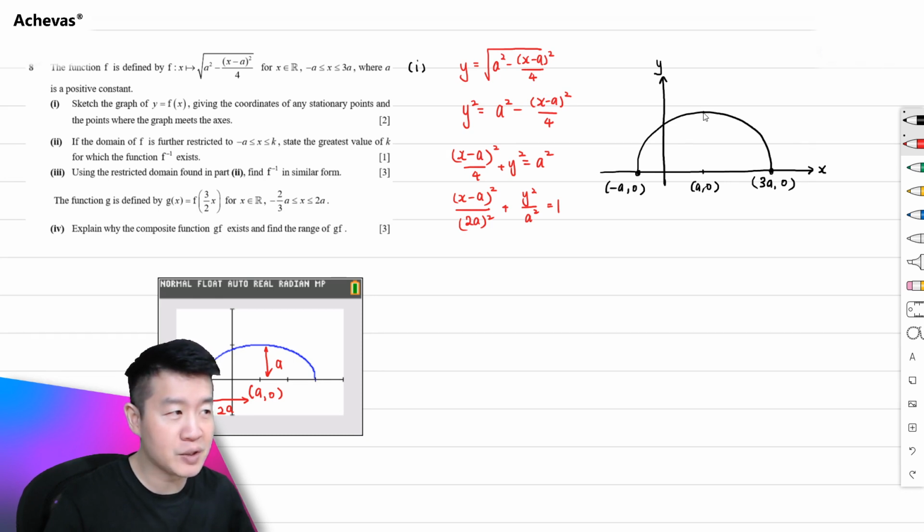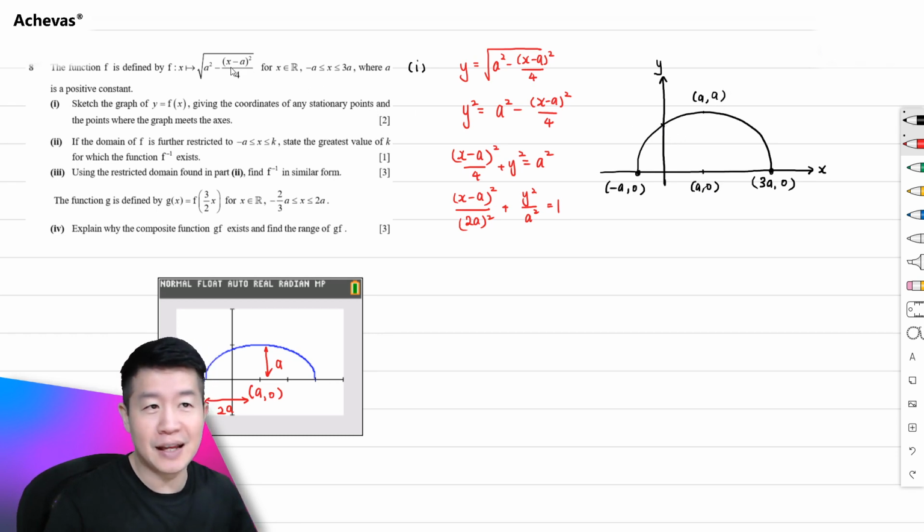As for the maximum point here, it is going to be where the stationary point is. Since I know the x coordinate is going to be a, and the vertical radius is a, the y coordinate will be 0 plus a. So here will also be an a. As for this, it is simple.